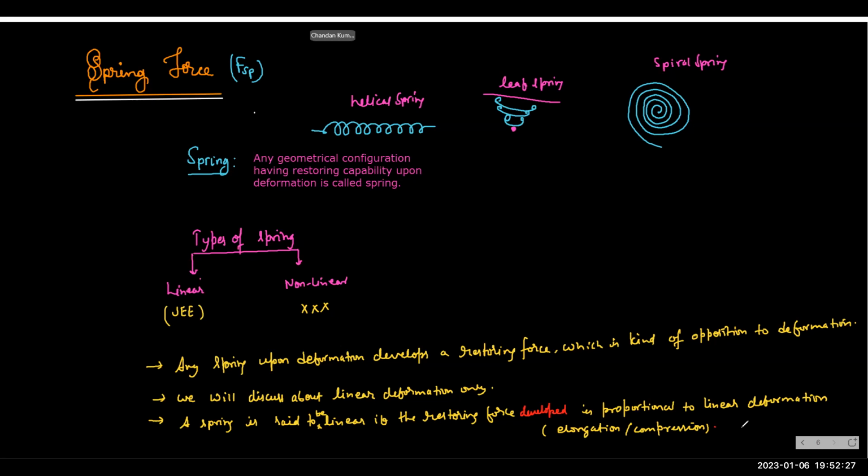Okay, there are two things which we are interested in. And linear means the force and the deformation will be proportional to each other. So the more you deform, the more force it will exert. Okay.